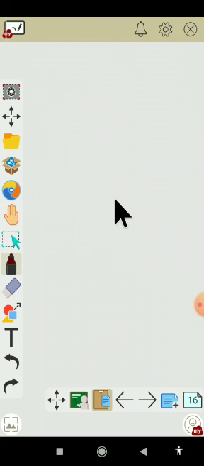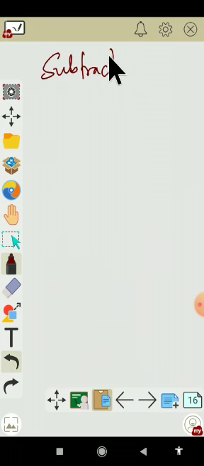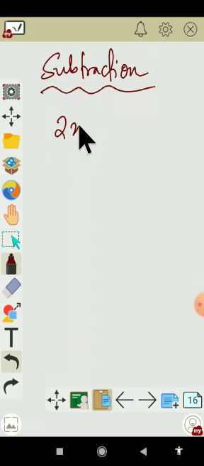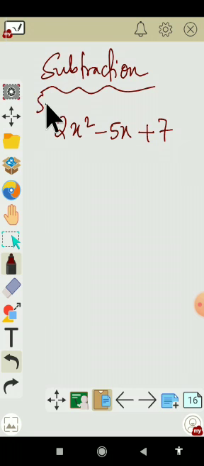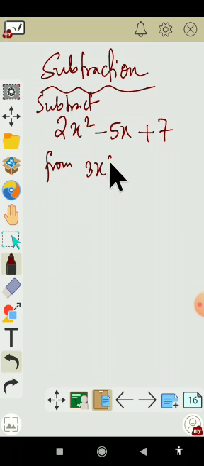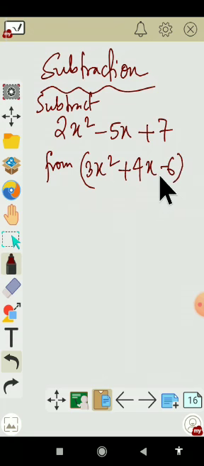Now we will see subtraction. Subtraction of algebraic expressions. Suppose we have 2x square minus 5x plus 7. Subtract this expression from this one, 3x square plus 4x minus 6.